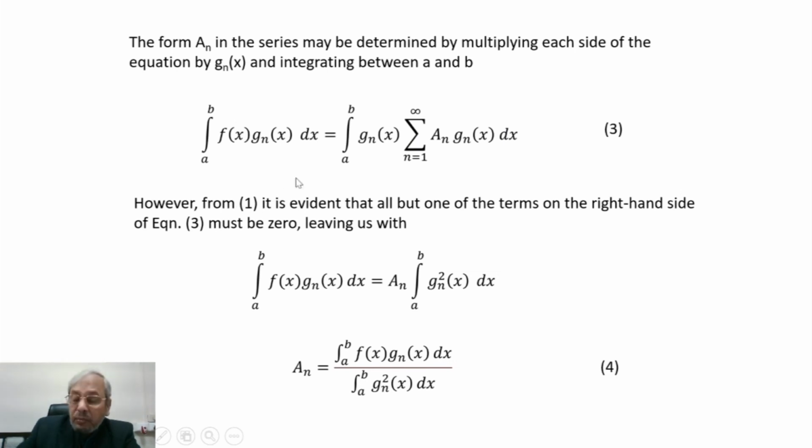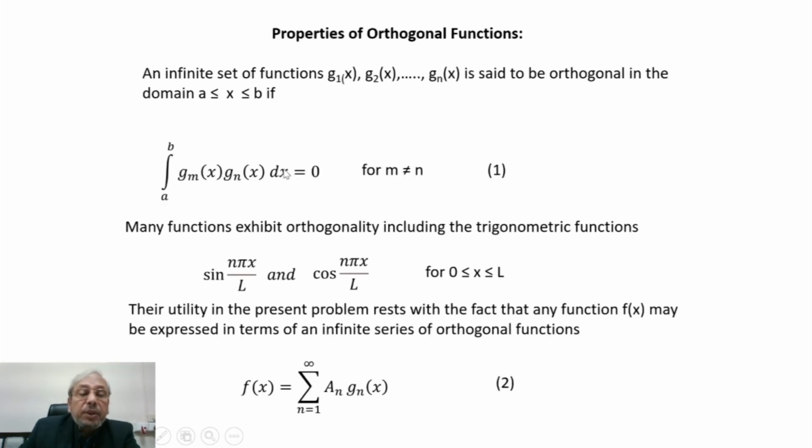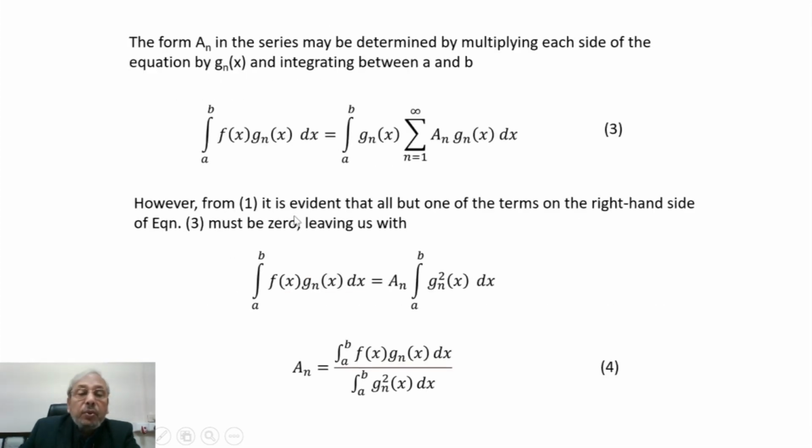However, from this property, where m not equal to n, this integral is 0. So from 1 it is evident that all but one of the terms on the right hand side of equation 3 must be 0, leaving us with the integral of f(x) gn(x) dx equal to an times the integral of gn square (x) dx.